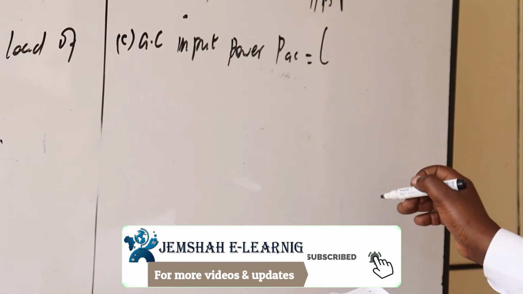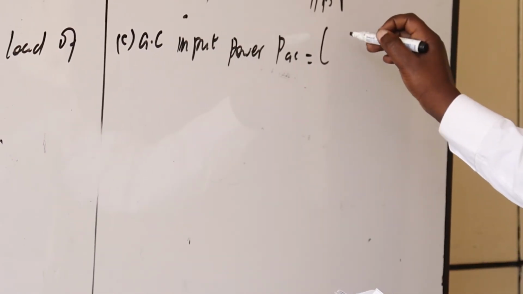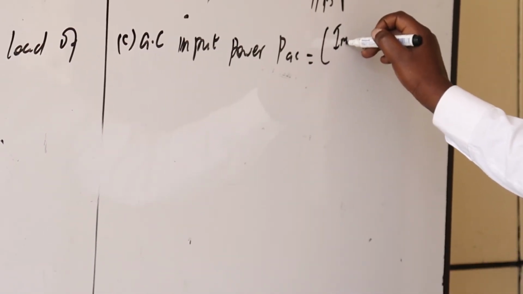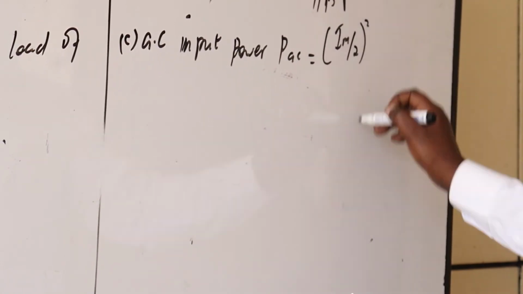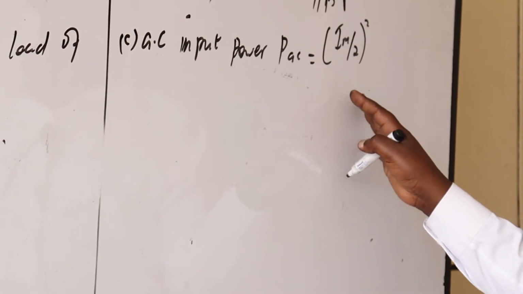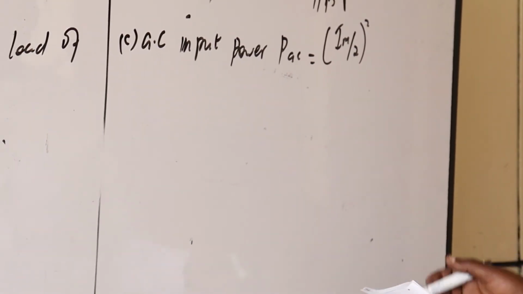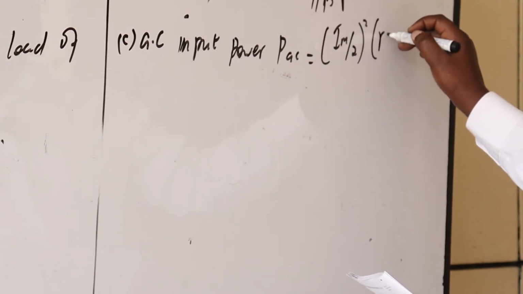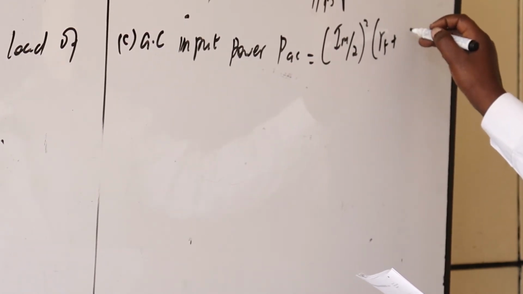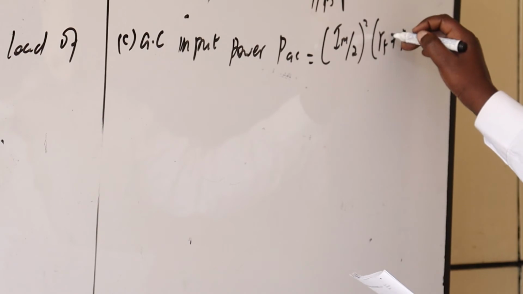So this will be IM over 2, we know that is the RMS, the RMS squared, times RF plus RL.